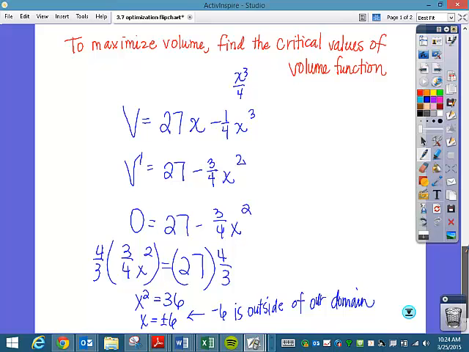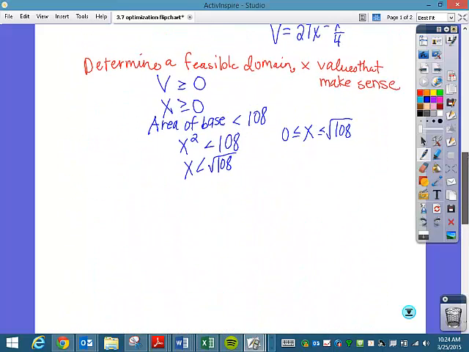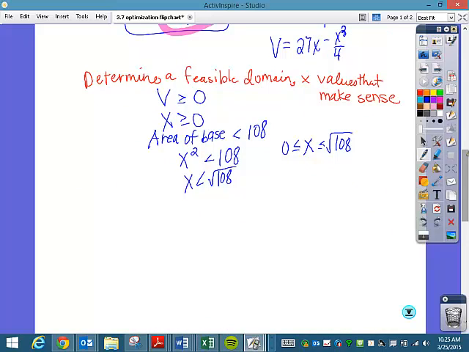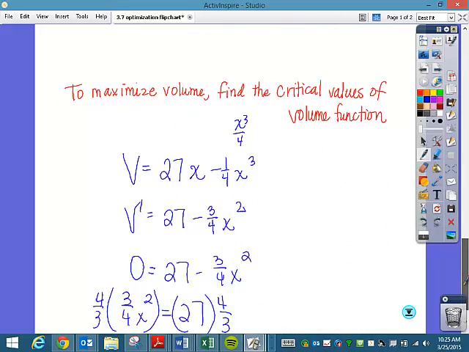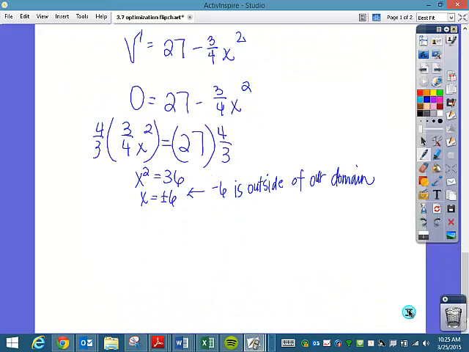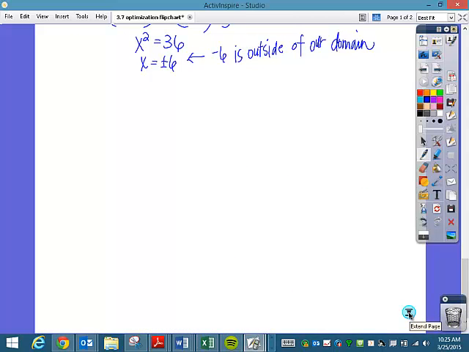Another blast from the past: we have a specific interval that we're looking at for our x value, between 0 and the square root of 108. When you're trying to find the maximum and minimum on an interval, you have to check the y value at your critical value, but also compare it to the y values at the endpoints of your interval.